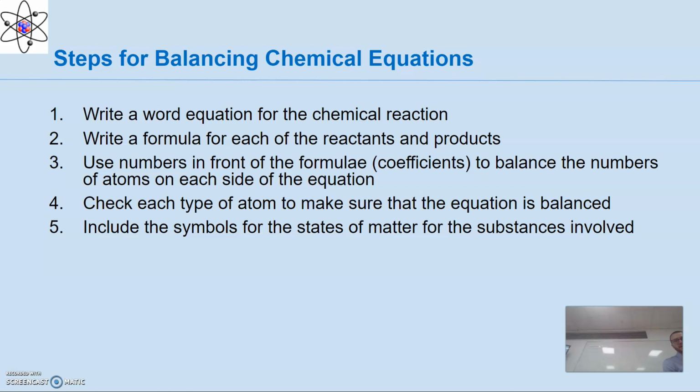We use numbers in front of the formula, the coefficients, to balance the numbers of atoms on each side. Check each atom to make sure the equation is balanced by counting each side accordingly. Then lastly, we include symbols to describe the state of matter in which each of those substances are in. So S for solid, L for liquid, G for gas, and the symbol AQ to describe aqueous or a solution.